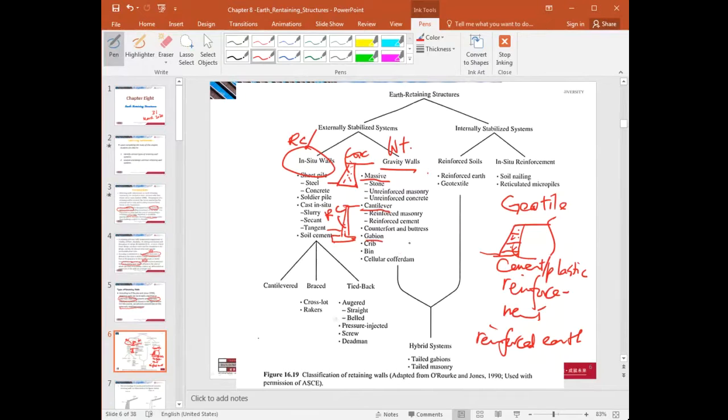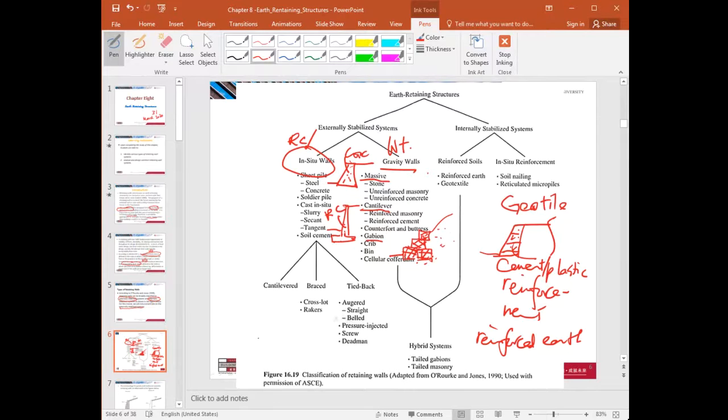What's the Gabion? Gabion means you use wire mesh, steel wires. So you have this wall here, and that's the soil, there's the slope.